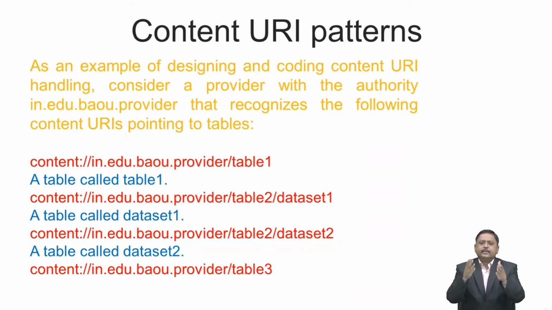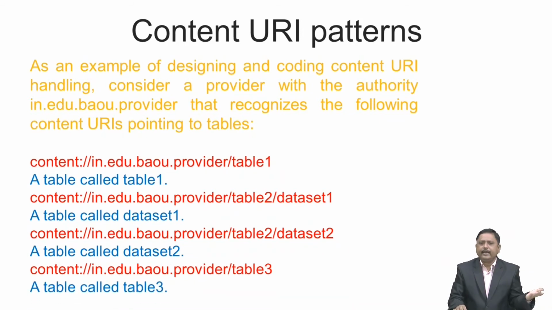Now you can understand the meaning of this statement: we want to refer to table 3. So this is how, if you are using your own content provider, you can have a content URI similar to this.